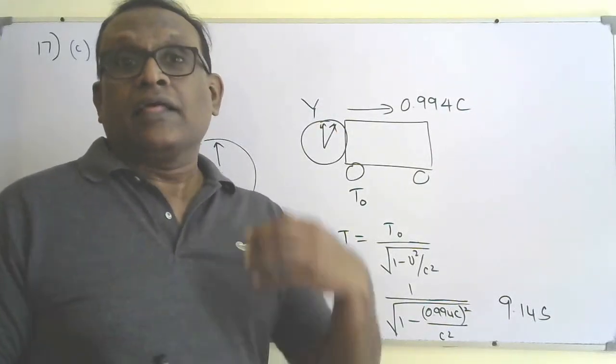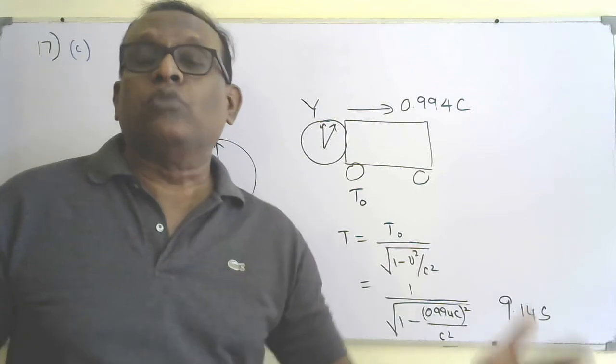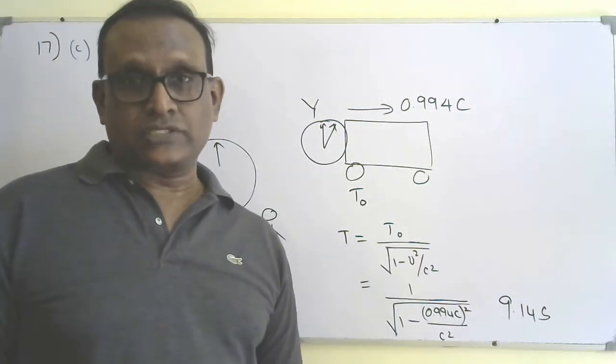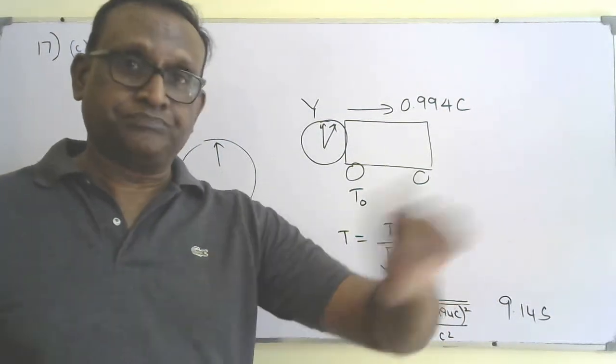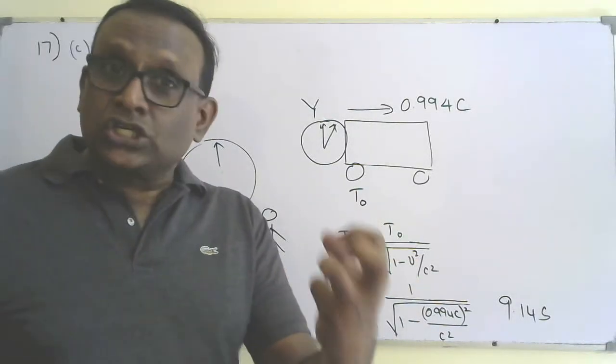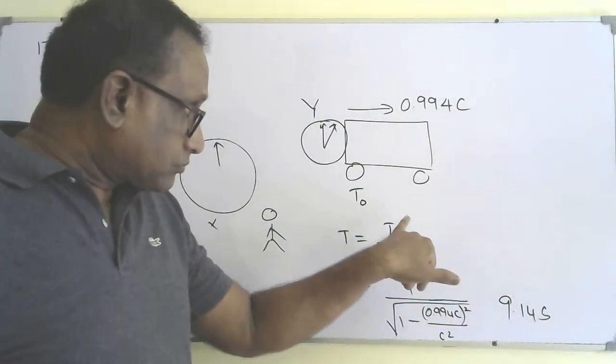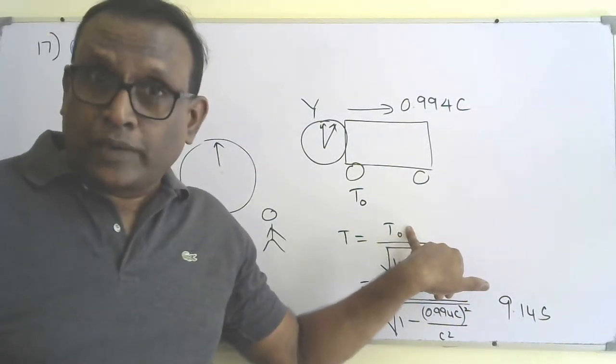We will measure the time the muon survives as much more than 2.2 microseconds because it is in motion. For example, if the muon carries a clock, its lifetime will be 2.2 microseconds.